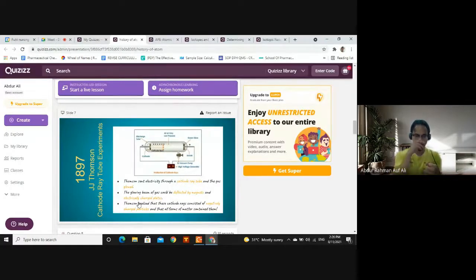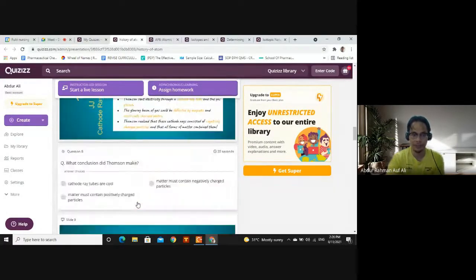But J.J. Thomson, in his study of electricity, accidentally discovered the electron, which is smaller than an atom. That means there are other things inside the atom, and some of those things are electrons, and electrons are negatively charged. So that's how we discovered electrons, from cathode ray tube experiments.